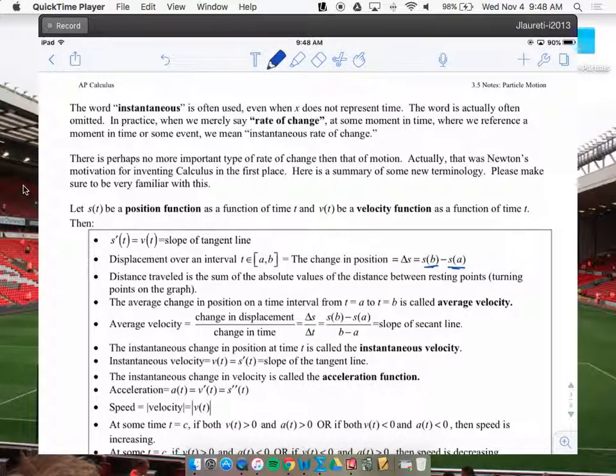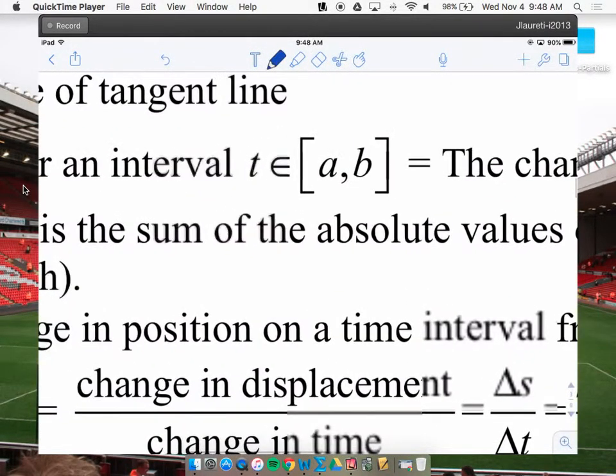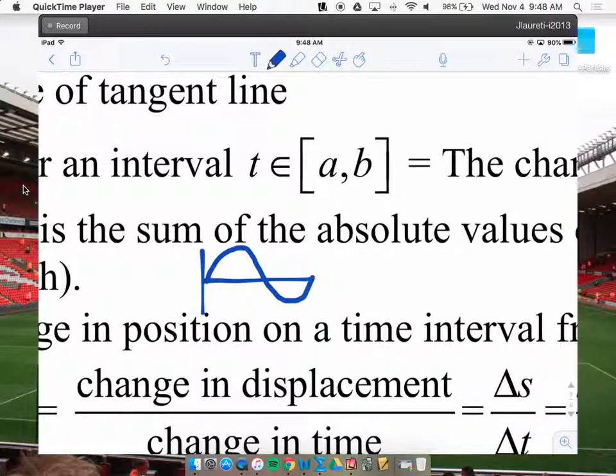And then distance traveled is connected with position. It's the sum of the absolute values of the distance between resting points. So if you have a graph that looks like this, and they want distance traveled, say my position is here, and I walk over here, I walk back, then I walk some more.